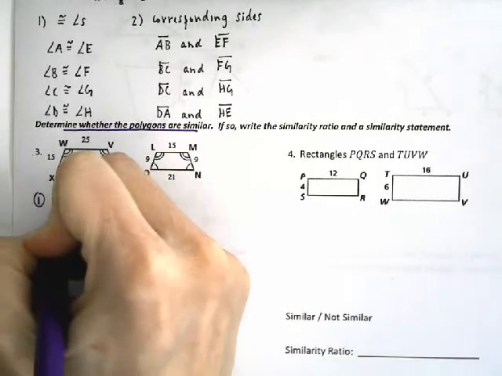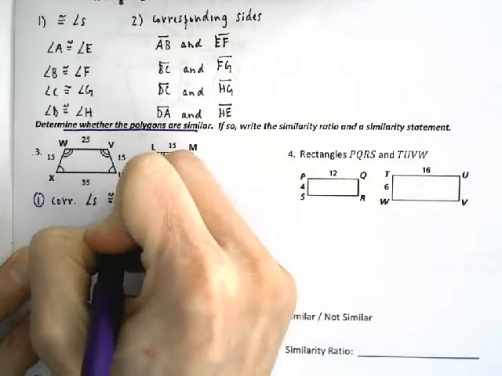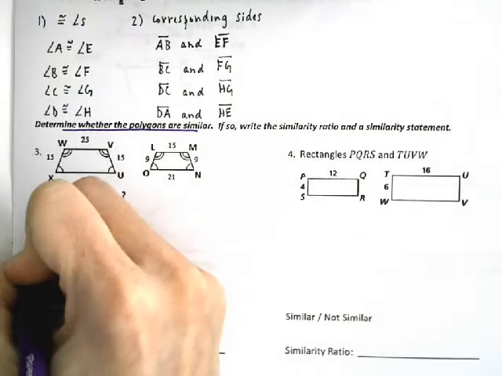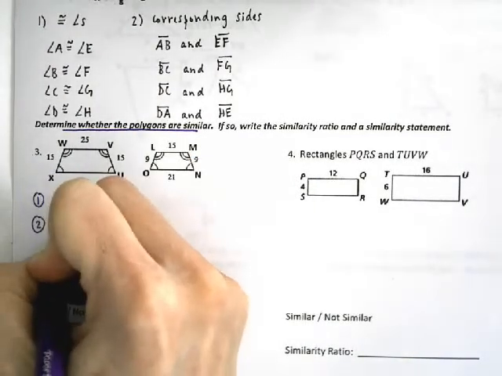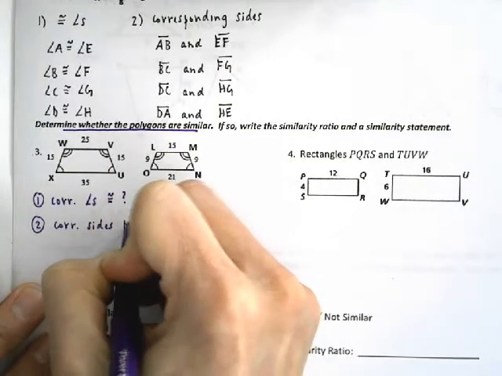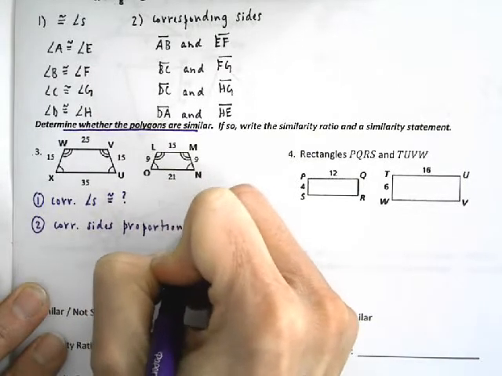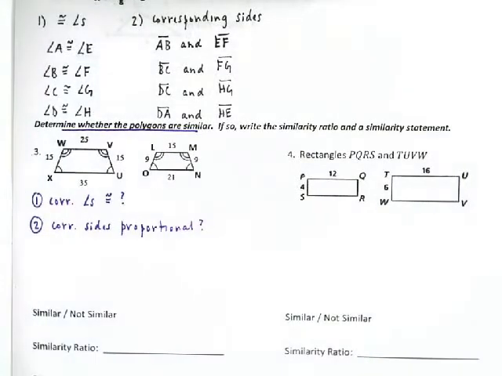I need to check that corresponding angles are congruent, and I need to check whether the corresponding sides are proportional. Unless I can say yes to both of those things, I don't have similar figures. So let's go ahead and check.